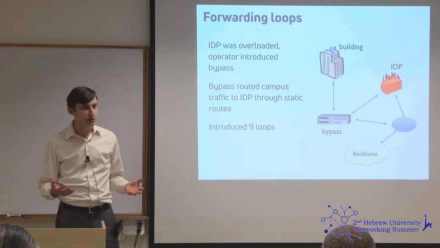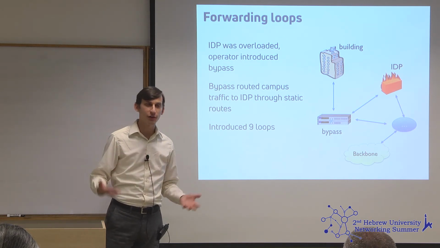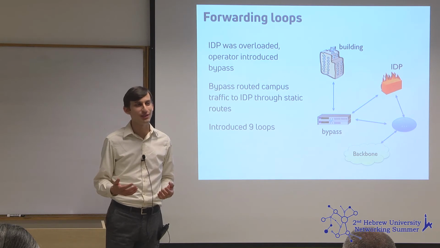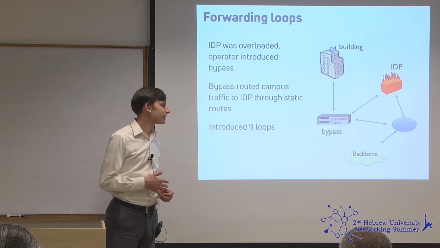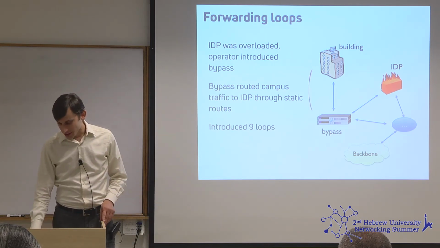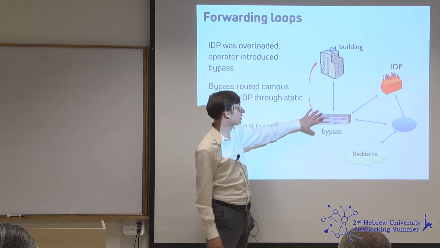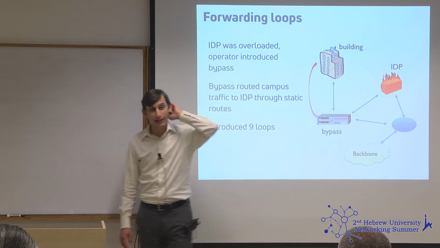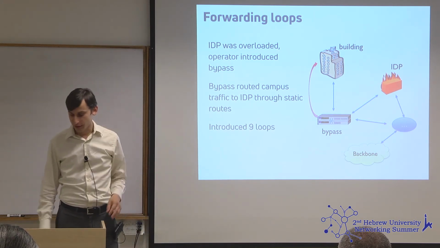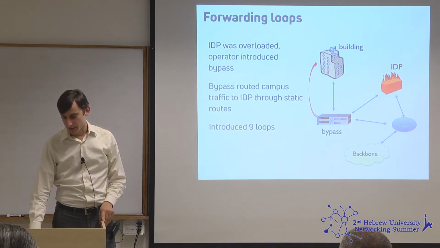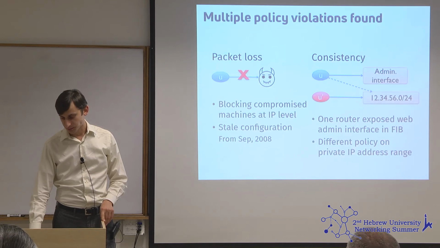So traffic to YouTube. We know it's YouTube. It's a huge volume, maybe most of the volume. We don't need to be inspecting that. So that was set up with a static route that interfered with the dynamic routing used in OSPF, and for a certain prefix, it introduced a number of loops.